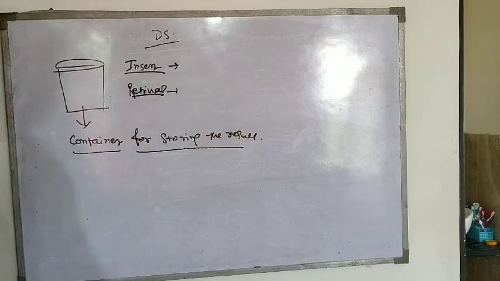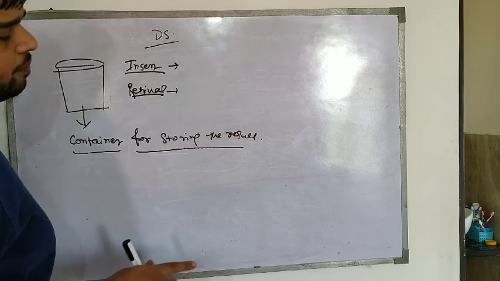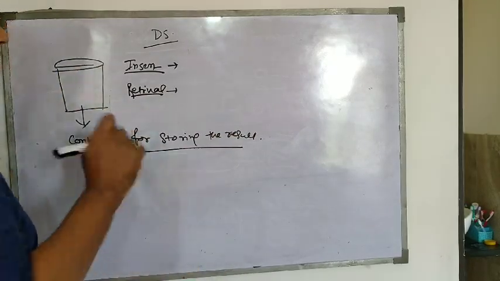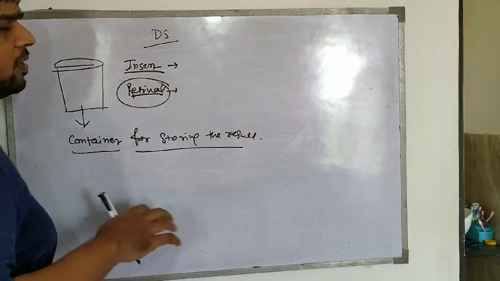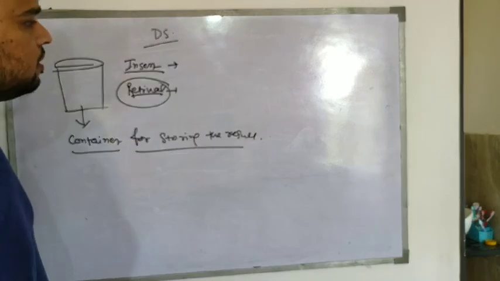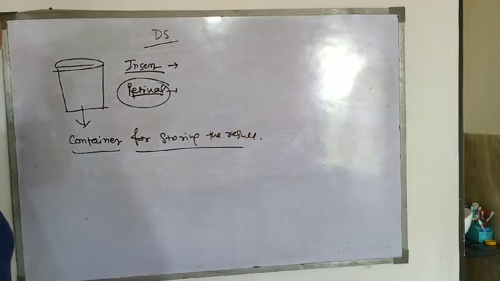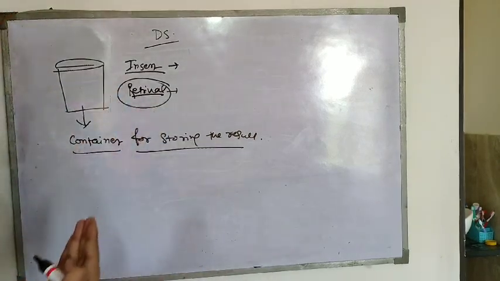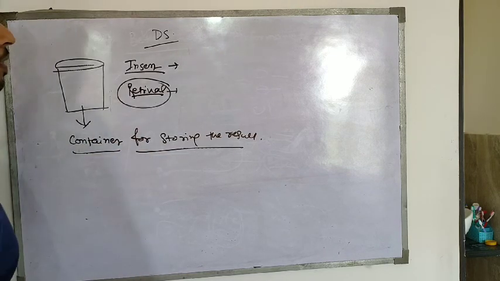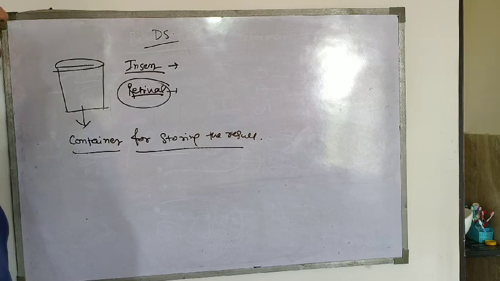According to your requirement, you choose the data structure. If you want insertion to be fast and it doesn't matter whether retrieval is slow or fast, you choose one data structure. Suppose insertion can be slow but retrieval should be fast, then you use a different data structure. That depends on your requirement.